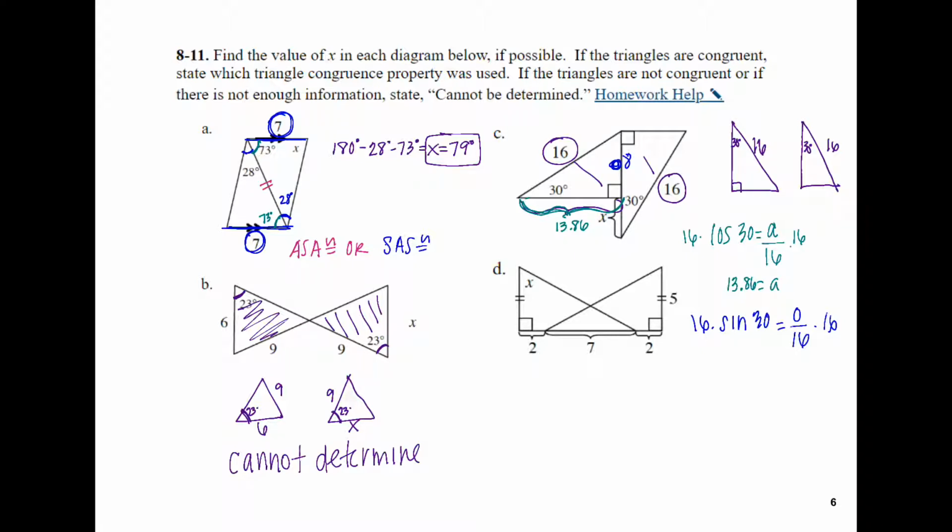So if we take 13.86, which is this side, 13.86, subtract 8 from that, we are left with approximately x equal to 5.9 units.